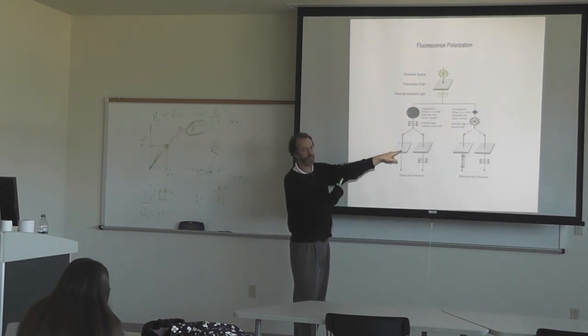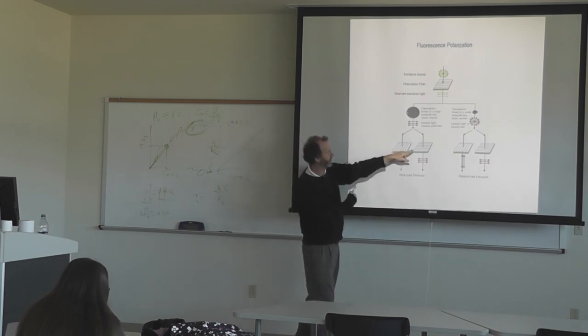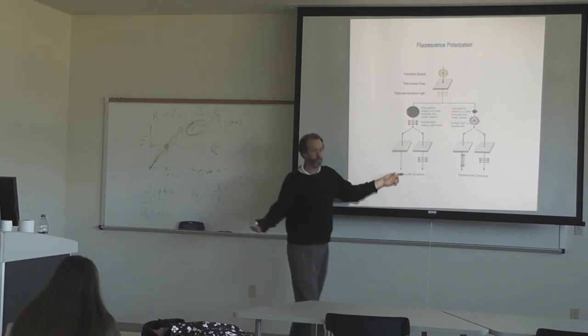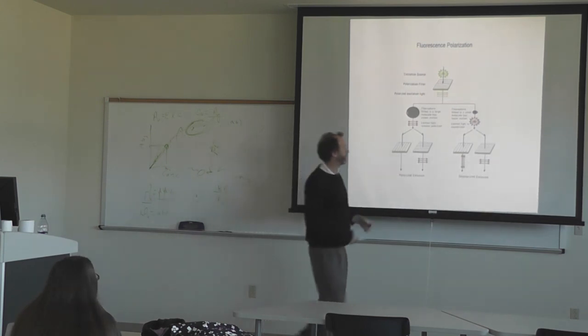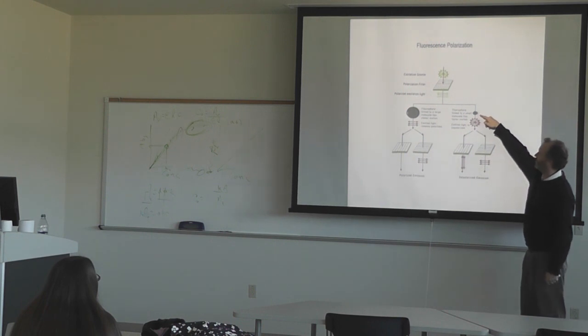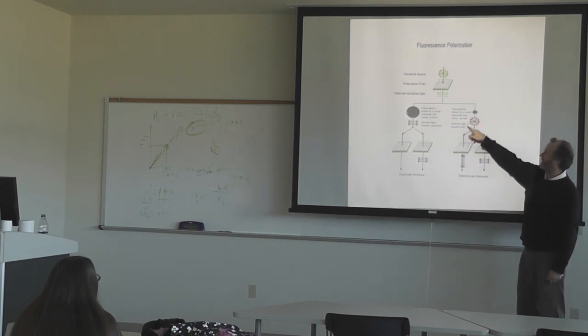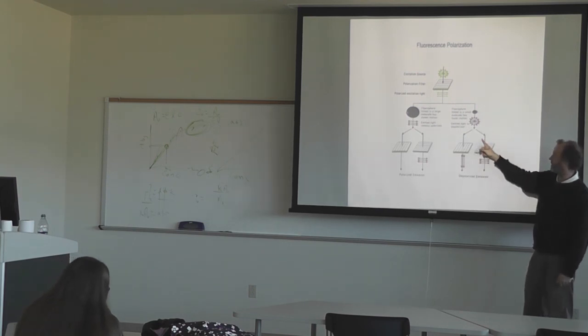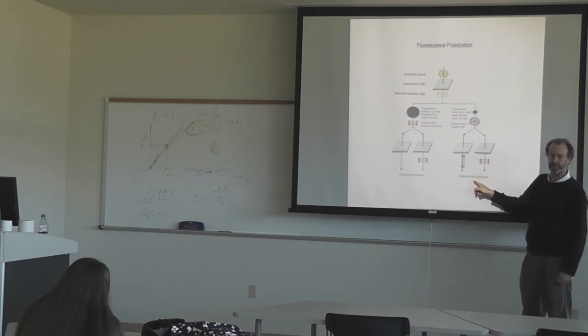So you can tell you have polarized emission. If the fluorophore is linked to a small molecule, it has faster motion, and the emitted light is depolarized because it's spinning fast, and you'll be able to detect that there's depolarized emission there.